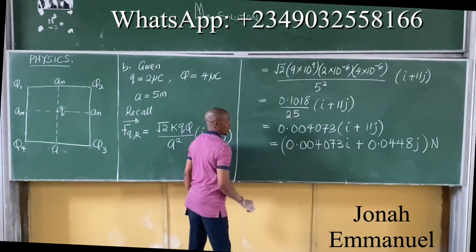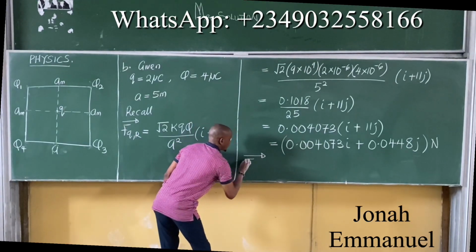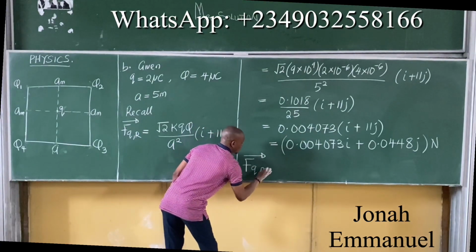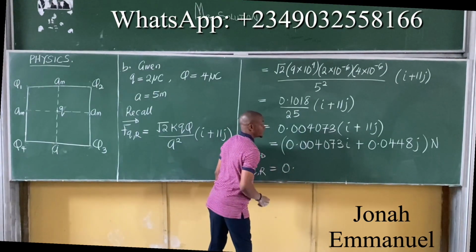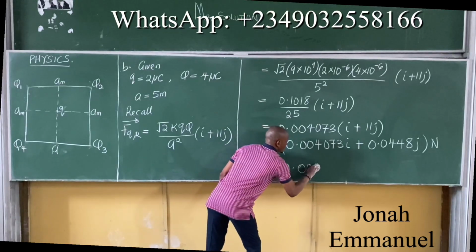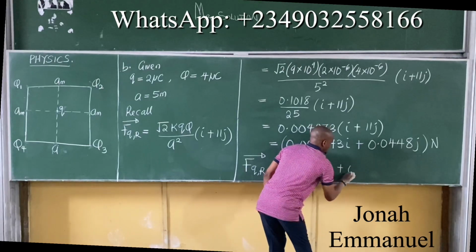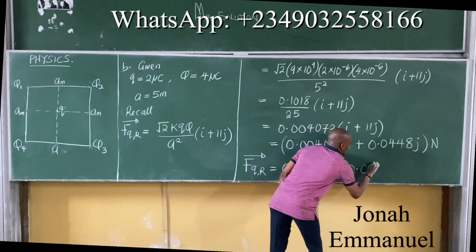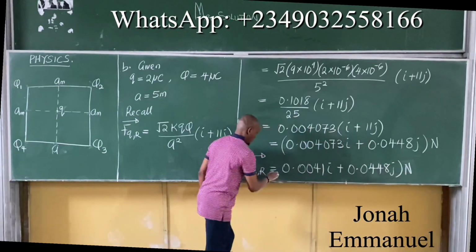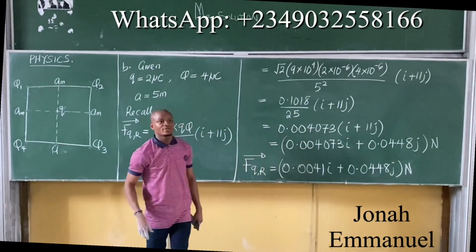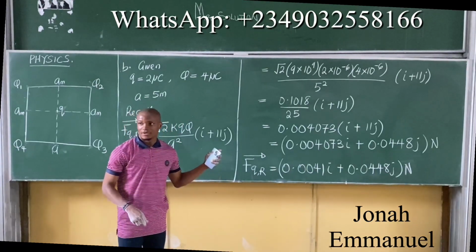These decimals are too long, so let's approximate it. The numerical value of FQR is equal to, using 4 decimal places, 0.0081i plus 0.0448j, all in Newton. So this becomes the numerical value of FQR. So this is how you solve this question.